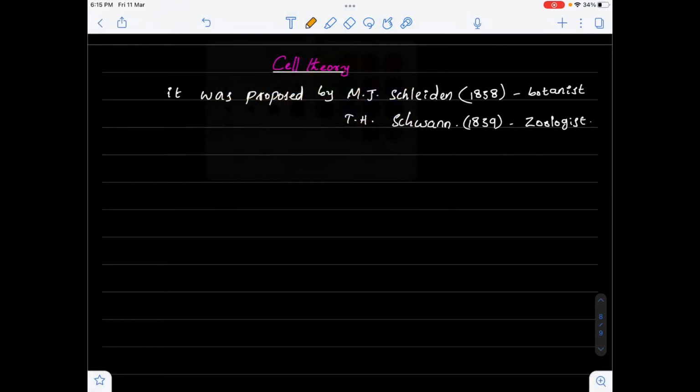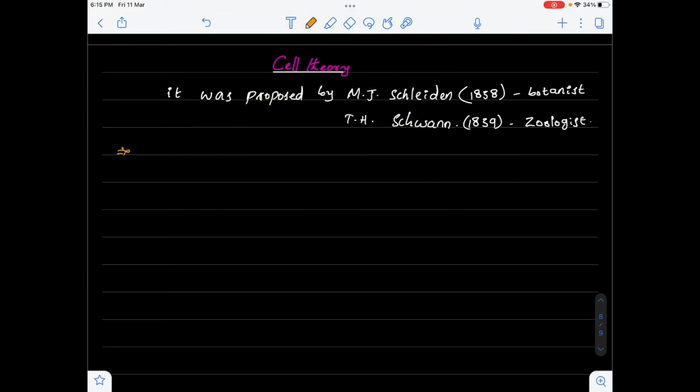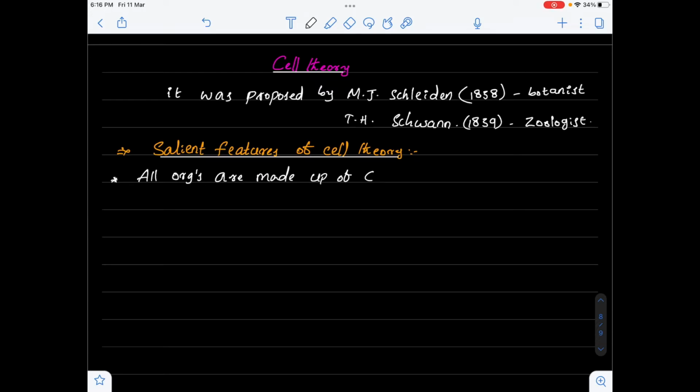Now let us take some salient features explained by M.J. Schleiden and Theodor Schwann under cell theory. Salient features of cell theory. Here these two scientists said that all organisms are made up of cells.